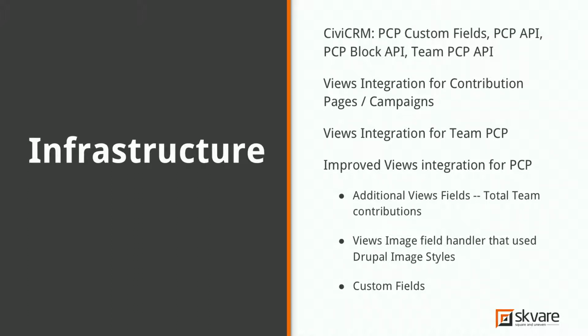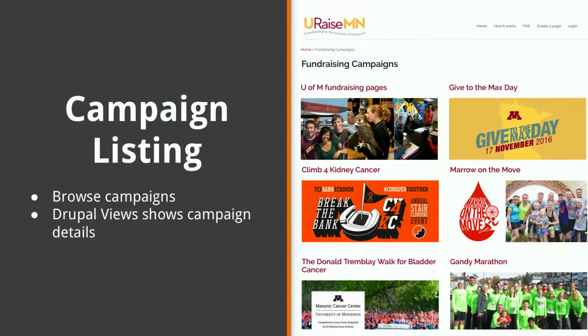You can use one image and then reformat it depending on what it's being used for, whether it's a mobile responsive theme or you're incorporating it in a report. So what does a campaign listing look like? You come to the website and say, I want to find a campaign. You can browse, and then the Drupal view shows the individual details.